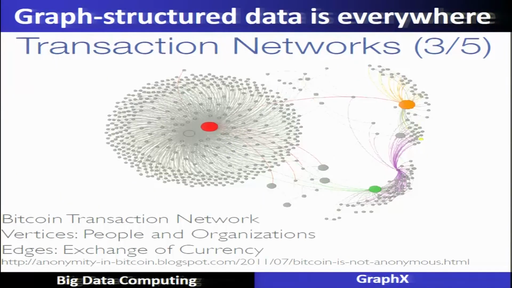Similarly, the Bitcoin transaction network can also be represented in the form of a transaction network graph, wherein the vertices represent the people and the organizations which are executing the transactions of Bitcoin, and the edges represent the interactions or exchange of currency.